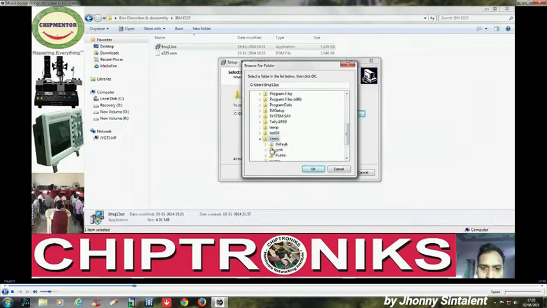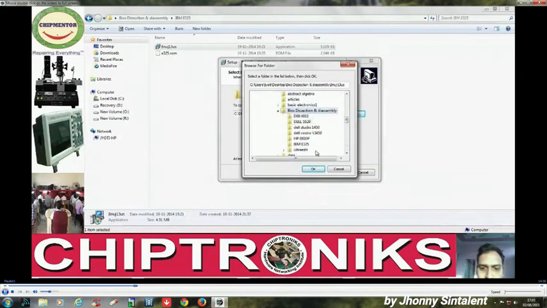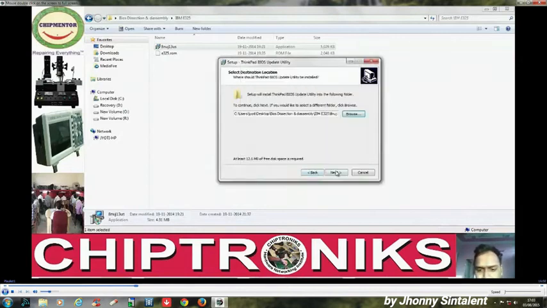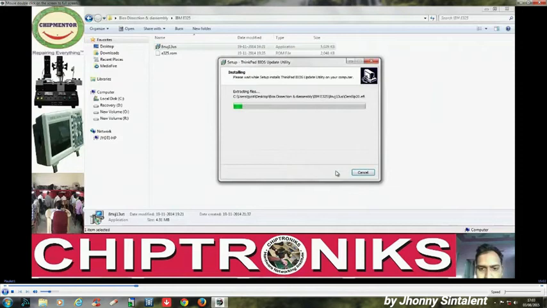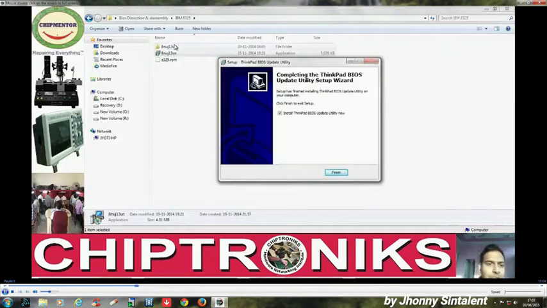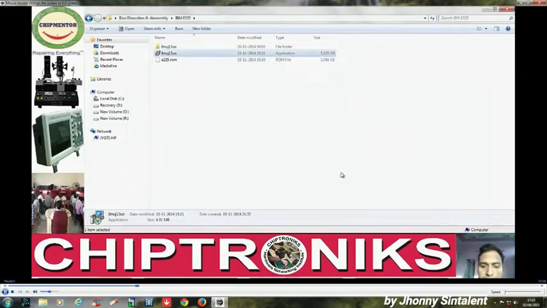I'll go to Users, then Desktop, and this is my folder, and we go to IBM E325. Okay, we go to next, install, and you see my folder is extracted. Let us check it out and finish.